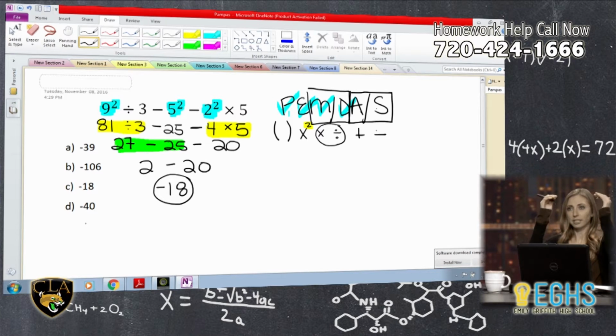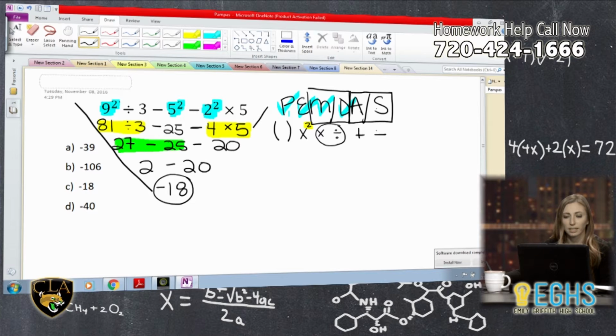Each expression and each step should be equivalent, step by step. And I used to tell my middle schoolers when I taught this that your work should almost look like an ice cream cone, where we start where it's really complicated and we're breaking it down smaller and smaller and smaller till we get to the tip of that ice cream cone. So it looks like our answer here is C, negative 18.